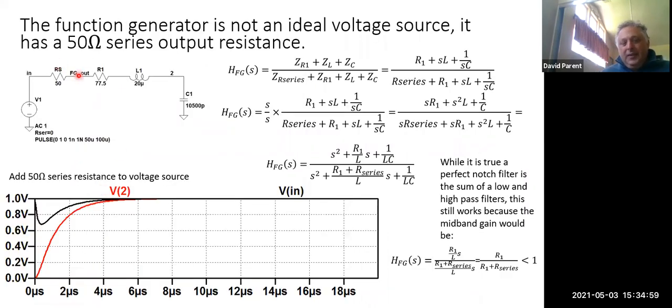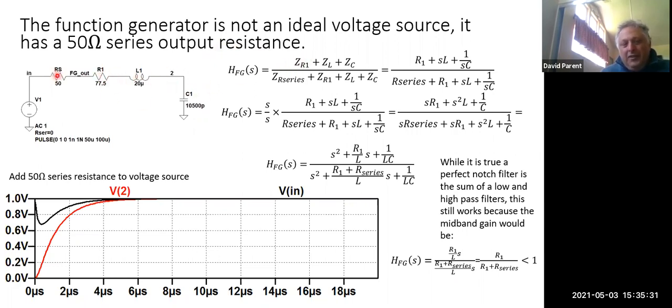Well, you're probably already thinking what a fool I was to use R1 of 77 ohms, because the voltage division here is going to cause problems, right? But if I go and find out what the node voltage is here, what the transfer function is here, so even though it's a little bit weird, I have R1, L1, and C1.